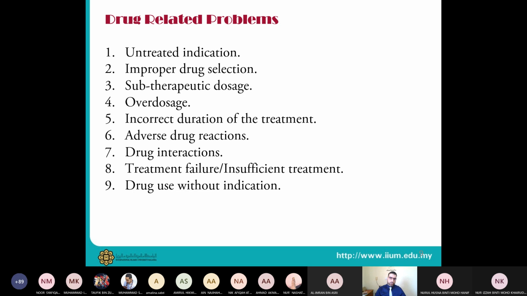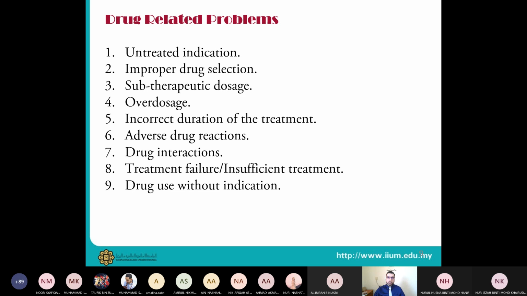The last one is the opposite of number one. Number one was untreated indication; number 9 is drug used without indication. Okay, and this is also frequently seen in primary care in KK. Patients come to KK with a list of medications, and some of these medications are no longer indicated in this patient.